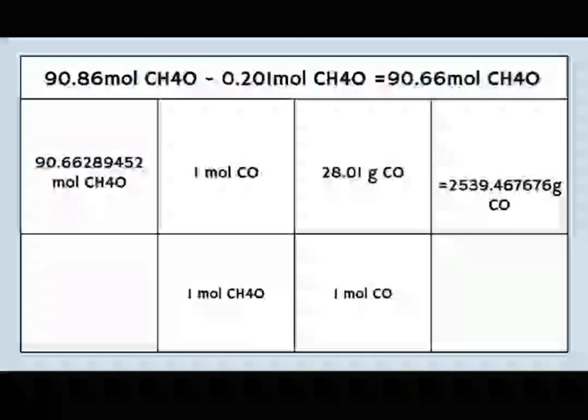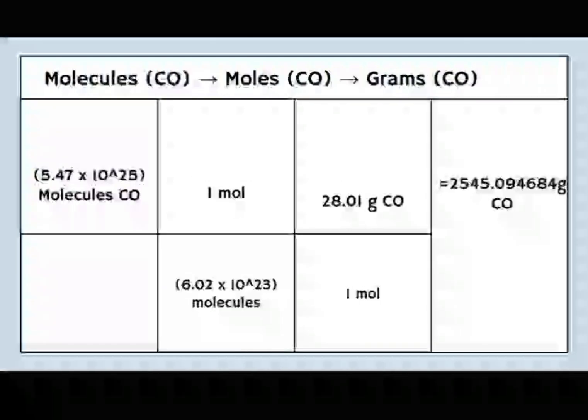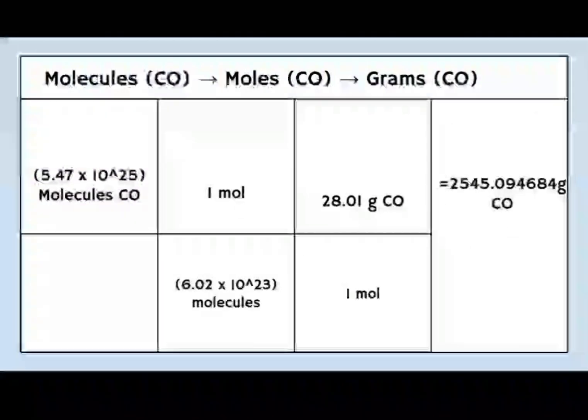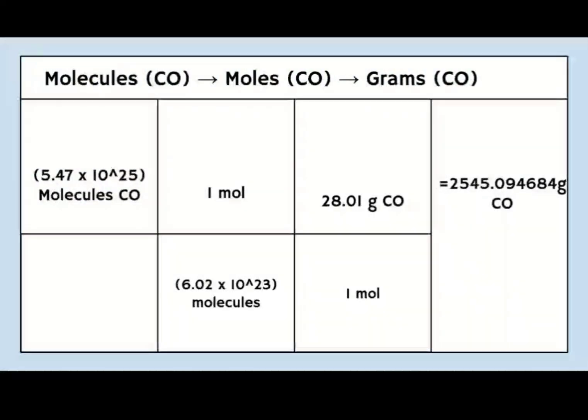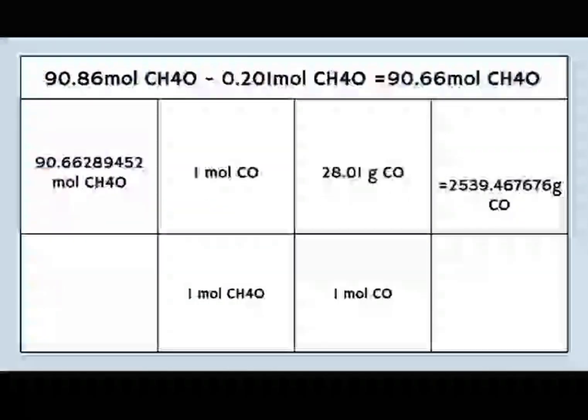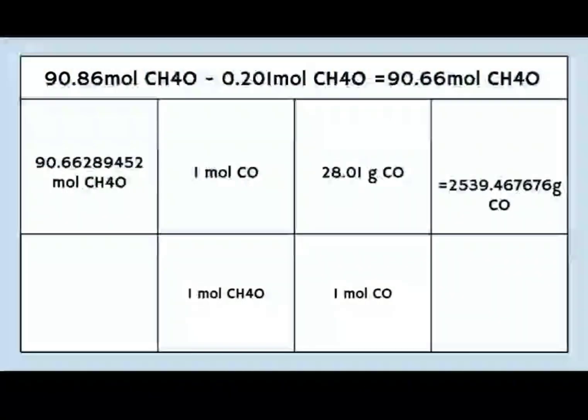And as you can see, this number is indeed less than our original reactant of carbon monoxide that we tried to solve to see if it was less or greater. Because if it was greater, we did something completely wrong. But now that it's less, we know that we did something right, and we can move forward.